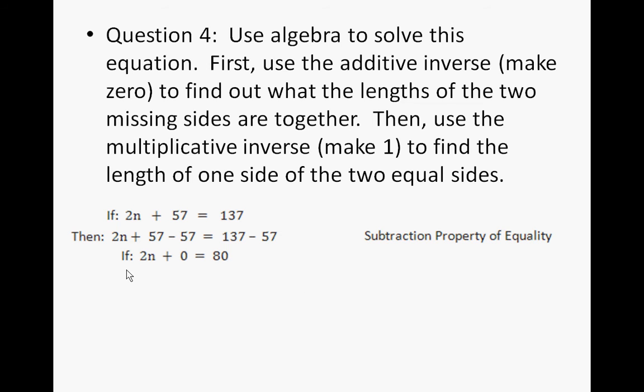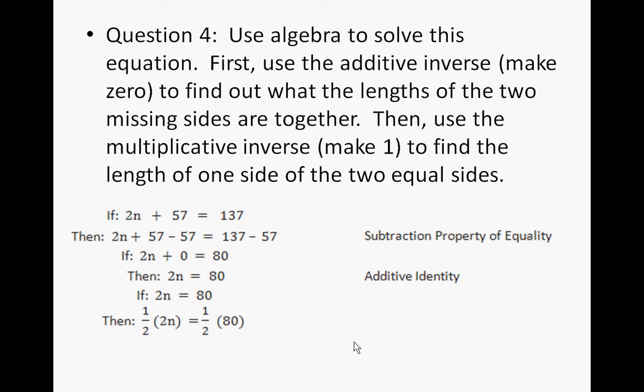So if that's the case, if 2n plus 0 equals 80, then 2n is equal to 80. This is our additive identity. If we add 0 to a value, it doesn't change that value, it's the same thing. So then our next, if 2n is equal to 80, then 1/2 of 2n is equal to 1/2 of 80.